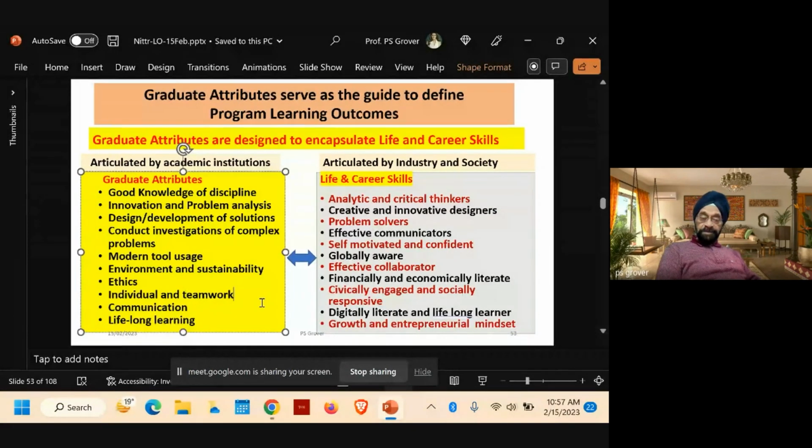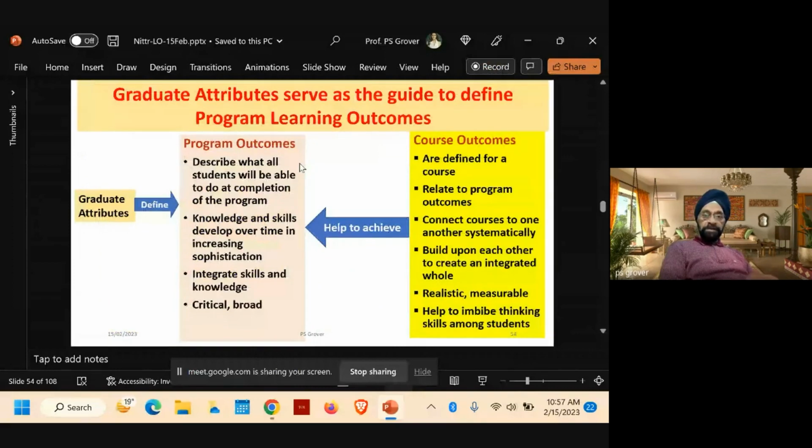So, indicating what industry wanted, I have expressed them as graduate attributes, or the qualities of the student which I would like them to imbibe. Now, graduate attributes serve as the guide to define program learning outcomes.